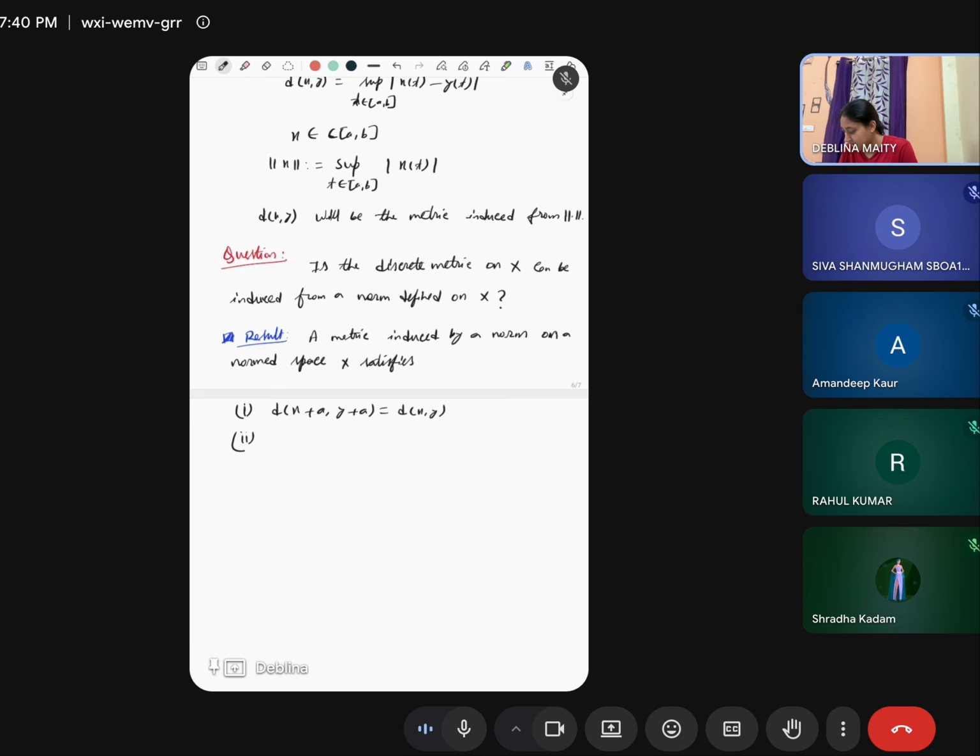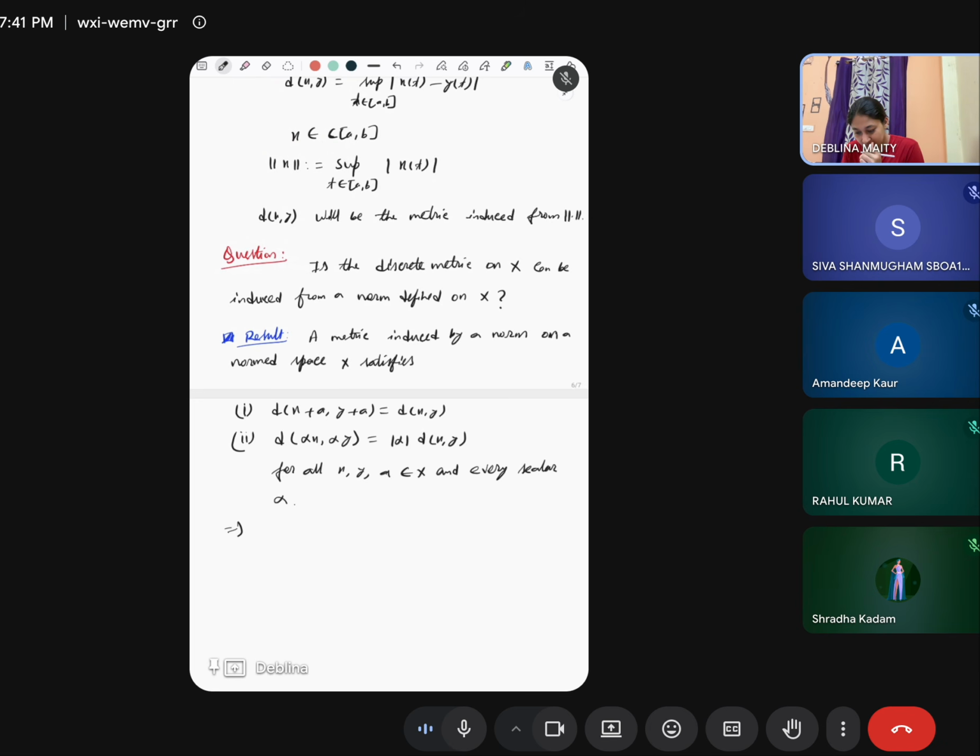And the second property is d(alpha x, alpha y) equals mod alpha d(x, y), for all x, y, a belonging to X and for every scalar alpha. So if the metric is induced from a norm, it has to satisfy these two properties.